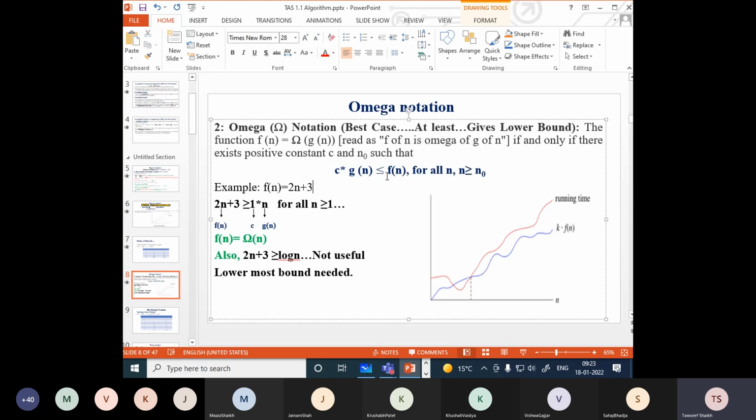Here f of n should be greater than or equal to c into g of n. The remaining conditions are all the same. So this means the least amount of running time it will take is k into f of n. The minimum amount of time this algorithm will take should be like this, but not lesser than that. This is the least amount. It can't go beneath that.